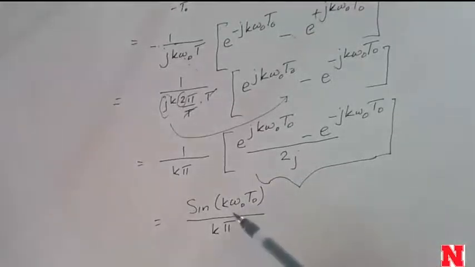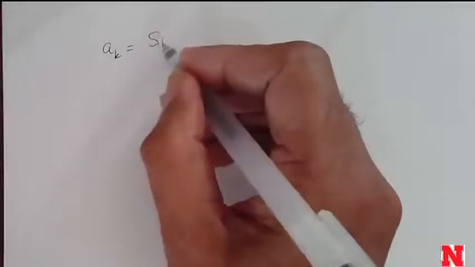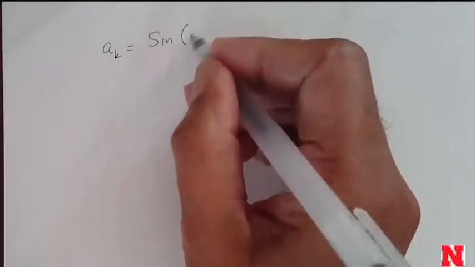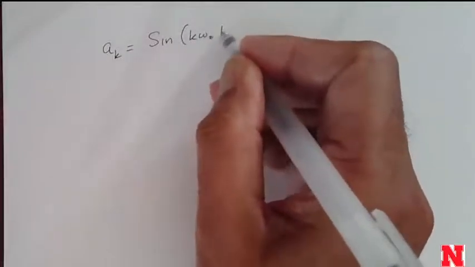That now is the kth coefficient of my Fourier series expansion, which, if I put it all together, will give me back my square wave. Okay, and I'll actually show you this. So a sub k was equal to sine k omega naught t naught over k pi. Okay.